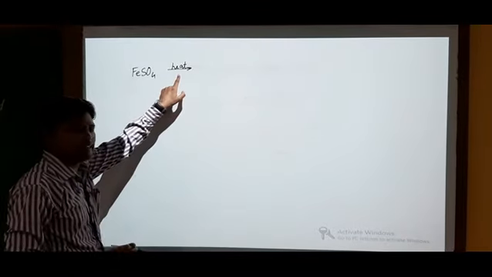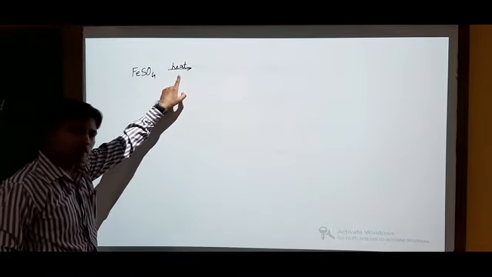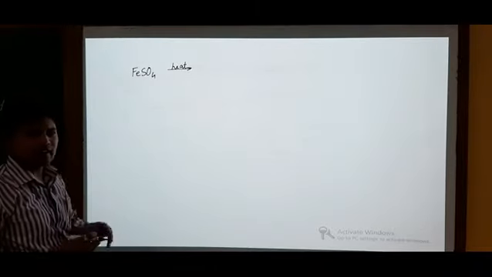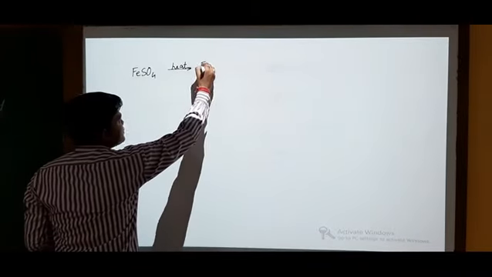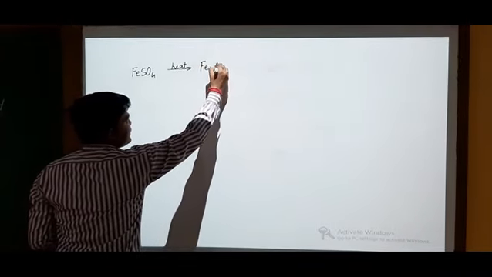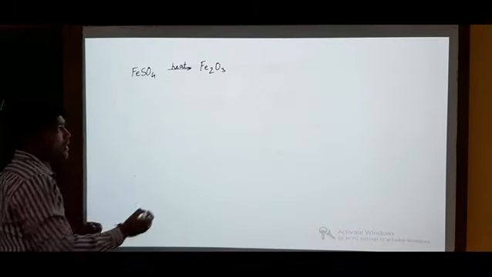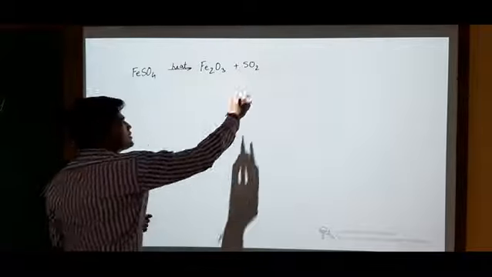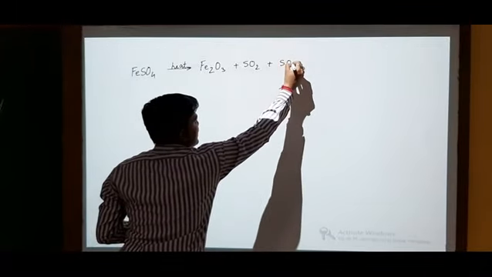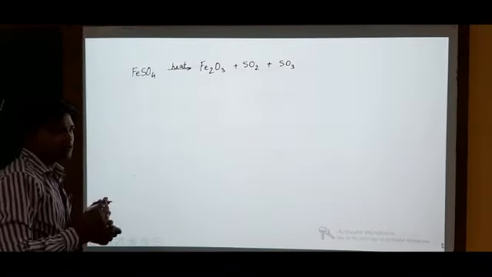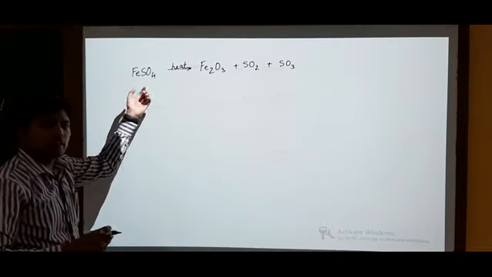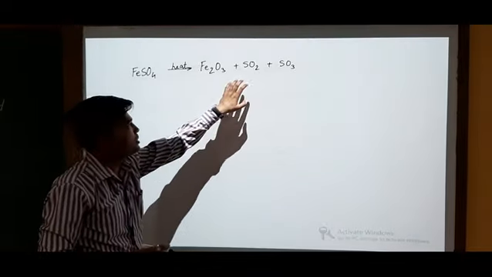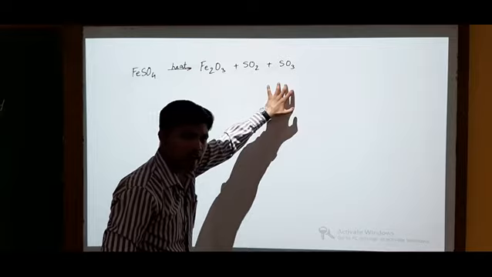As we are using heat energy, it will be called thermal decomposition. So on heating iron sulfate, you get iron oxide, Fe2O3, plus sulfur dioxide, plus sulfur trioxide. So iron sulfate decomposes into iron oxide plus sulfur dioxide plus sulfur trioxide.